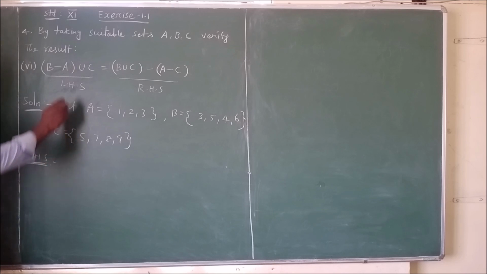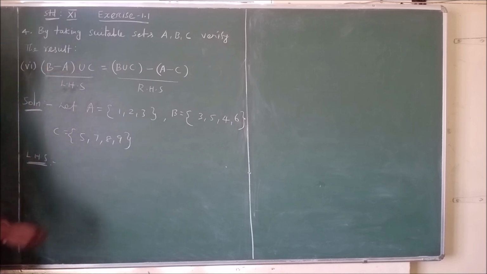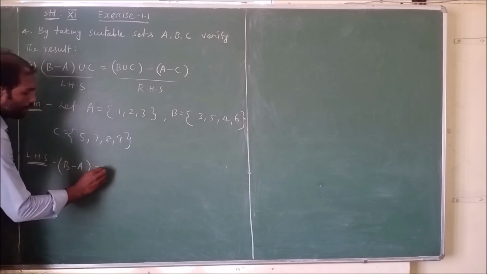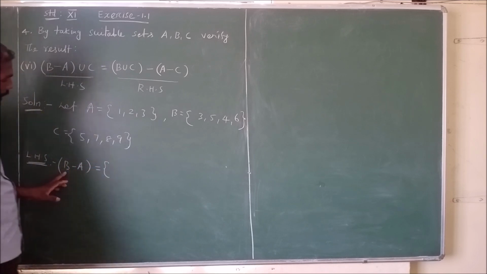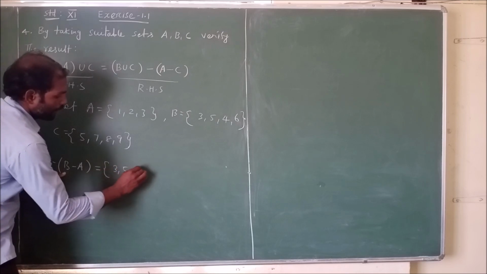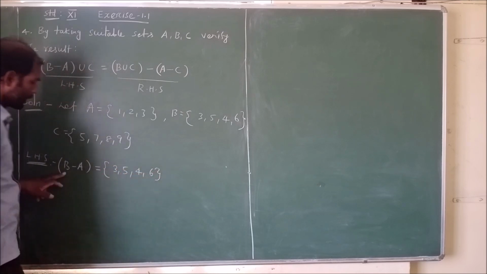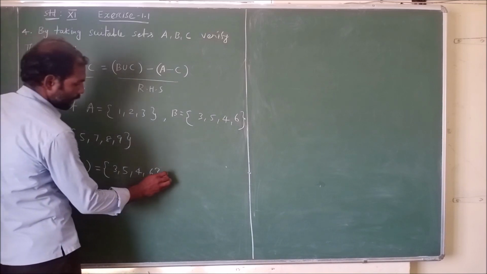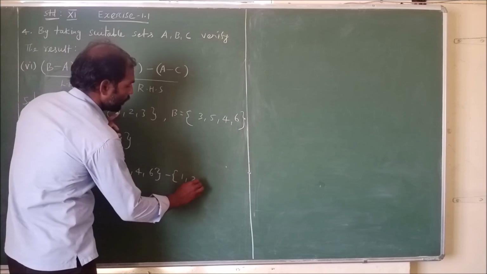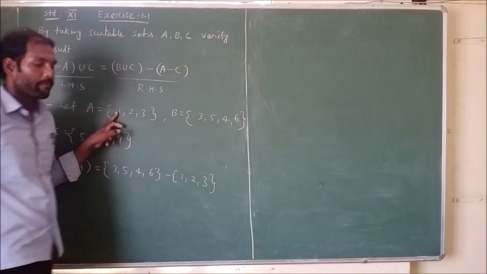LHS term: first B minus A. The set B is {3, 5, 4, 6} and the set A is {1, 2, 3}.